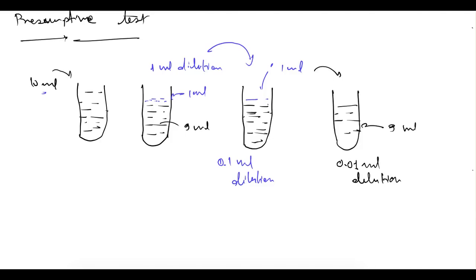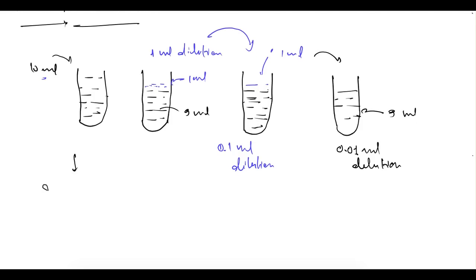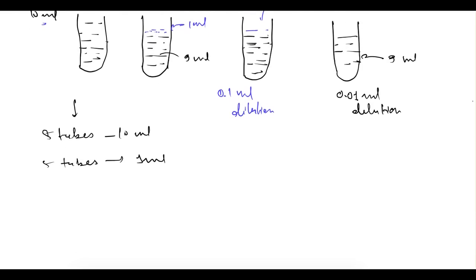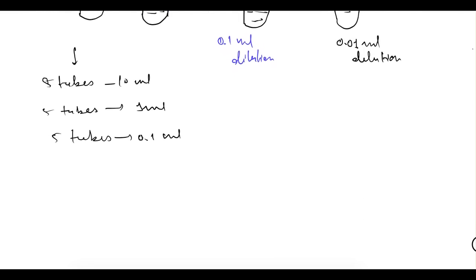So in the standard test, 5 tubes of 10 ml dilution and 5 tubes of 1 ml dilution and 5 tubes of 0.1 ml dilutions are used. And in these samples we add a broth, and that broth contains lactose and other substances.